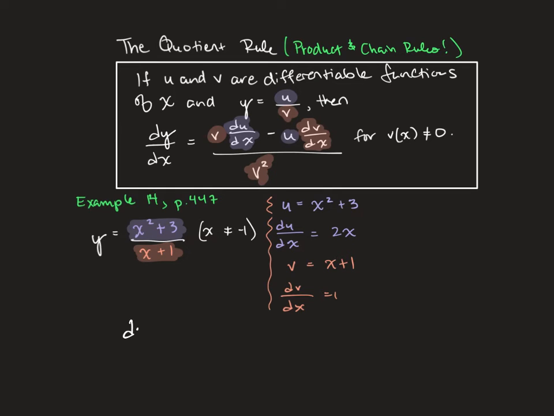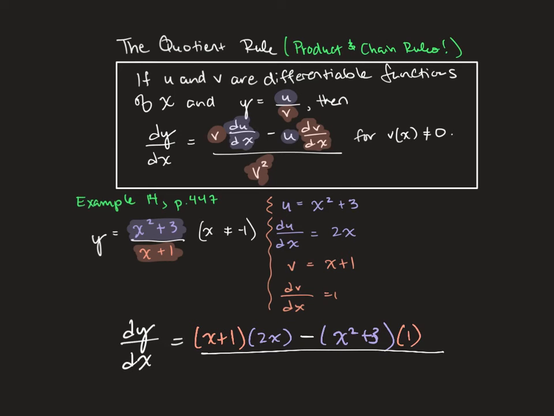So now the derivative with respect to x is going to be v, so I'm going to use this, x plus 1, times the derivative of u, which is 2x, minus x squared plus 3, because that is u, times the derivative of v, which is in this case just 1, everything over v, which is x plus 1, squared.